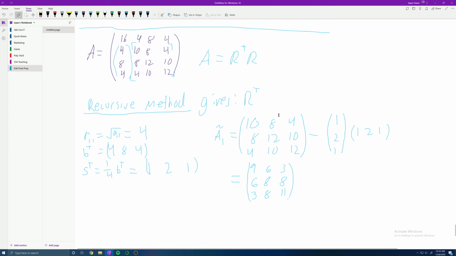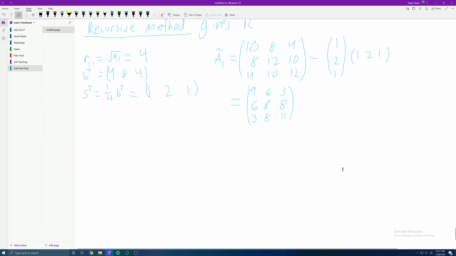So we're going to treat that just like we treated the matrix at the beginning, and do the same thing, except S and B are going to have 2 entries, and it's going to get a little bit easier, with fewer steps. So let's do that again. R22 will be the square root of the leading entry of A wave 1, which is the square root of 9, which is 3.